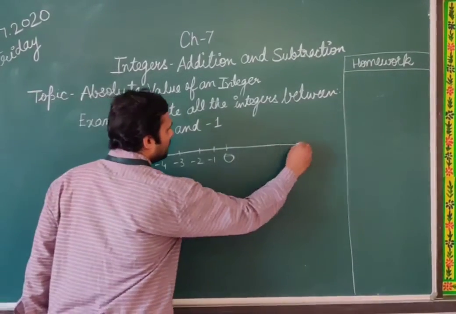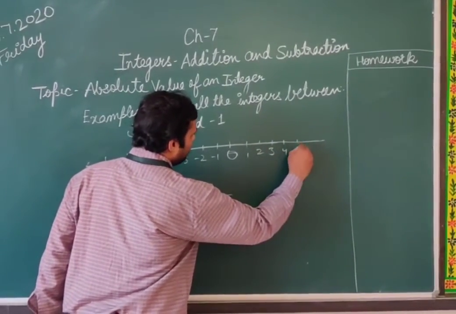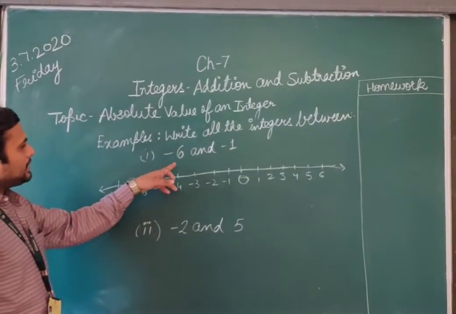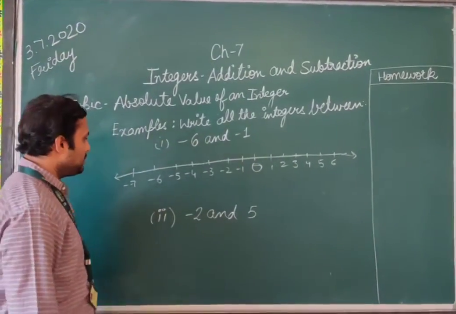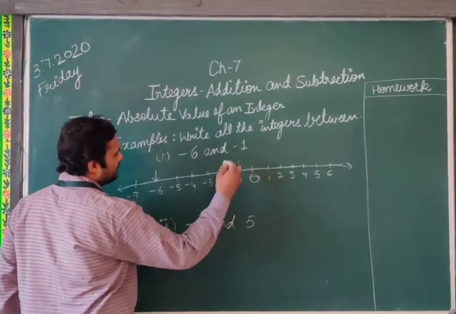On the right hand side we have the positive numbers. So the numbers are lying between -6 and -1. So this is your -6 and this is your -1.